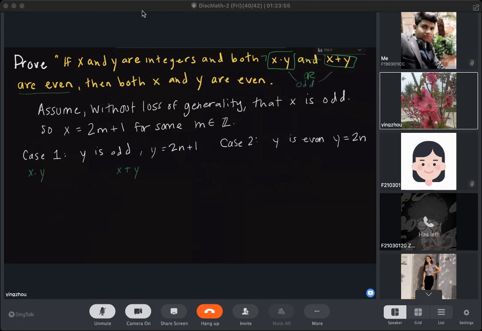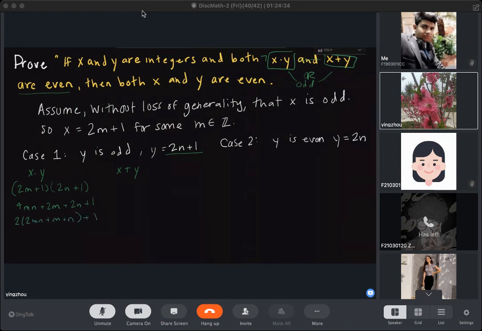So x times y would be 2m plus 1 times, we're letting y be 2n plus 1 because it's also odd. And if I FOIL, I get 4mn plus 2m plus 2n plus 1. If I take a 2 out of the first three terms, I get 2(2mn plus m plus n) plus 1.